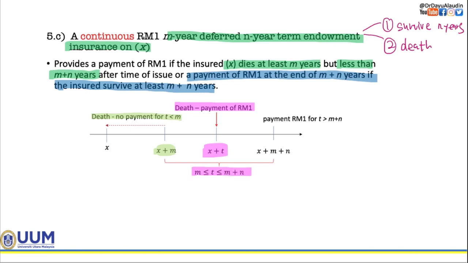So the insured will get 1 ringgit. If he still survives until M plus N years or more, he will get the payment for surviving. So this is for survival, and this is for death payment. So endowment has two kinds of benefits.